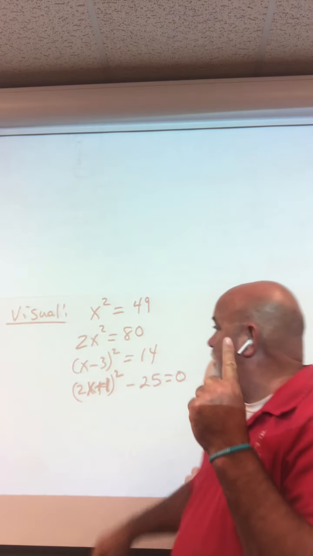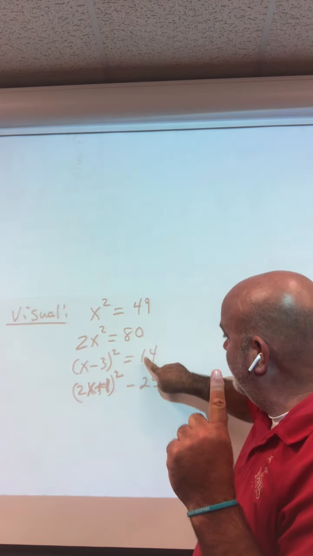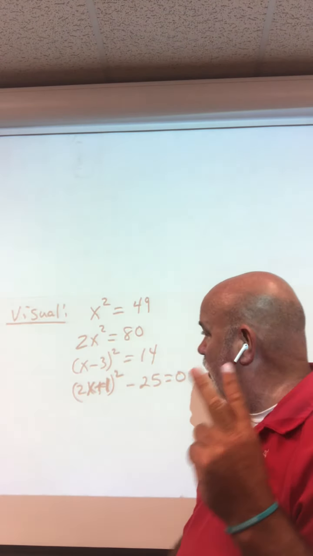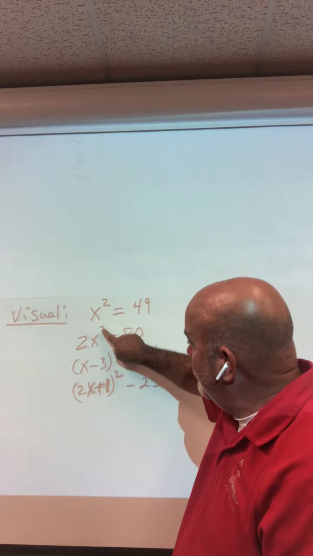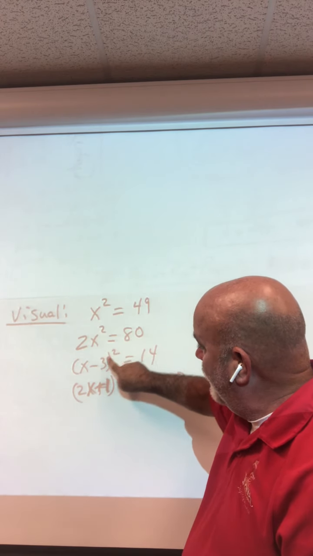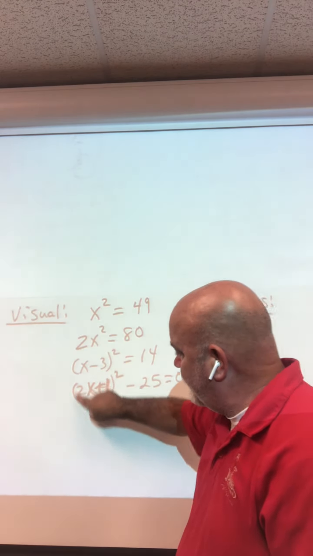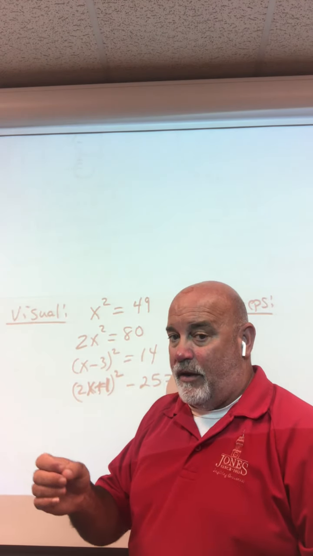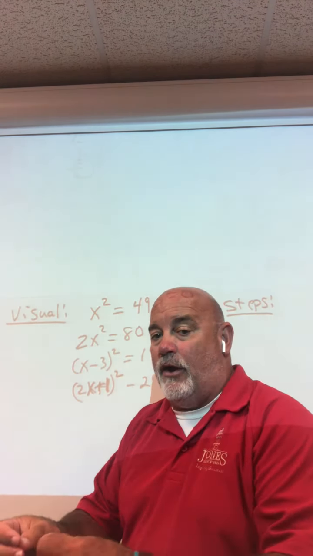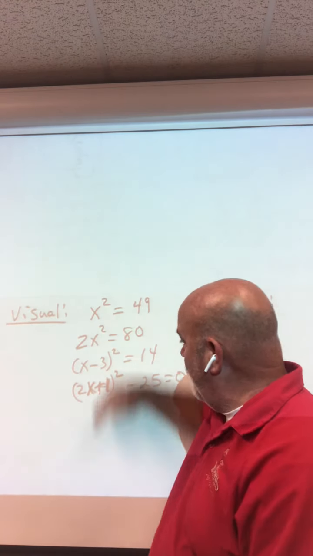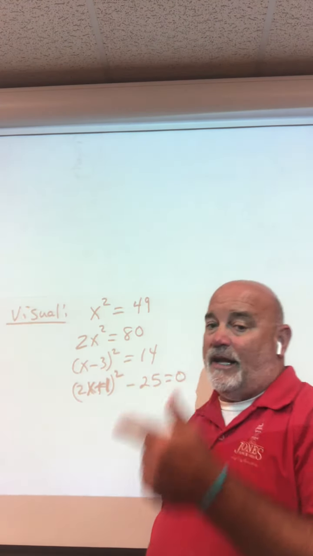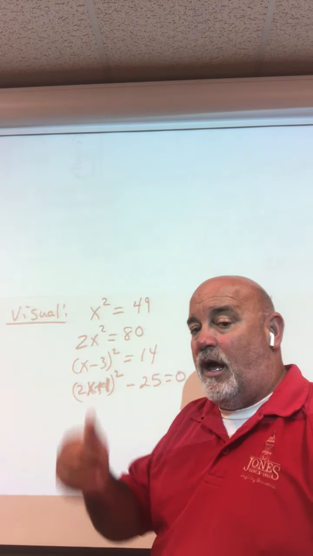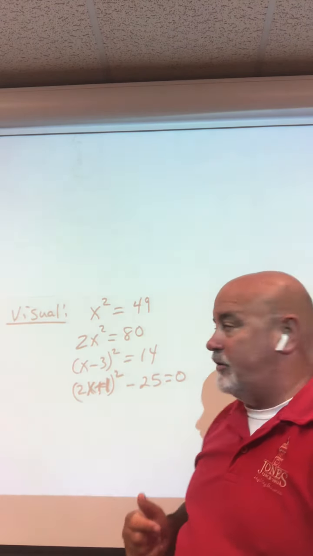You have a constant term and a squared term. I didn't say it has to be just x squared. I said it has to be a squared term. So in every one of these problems, you have two terms only, a squared term and a constant term.